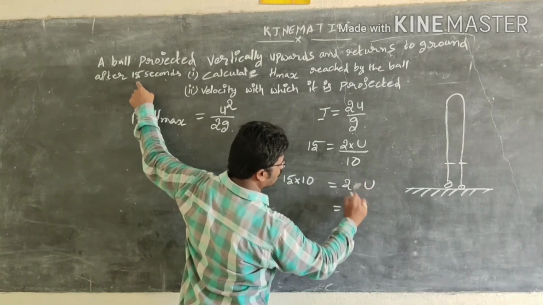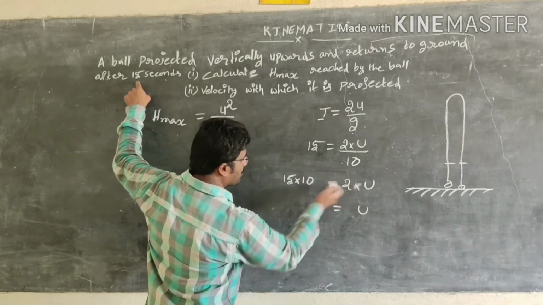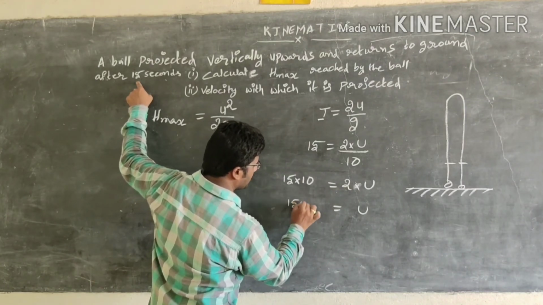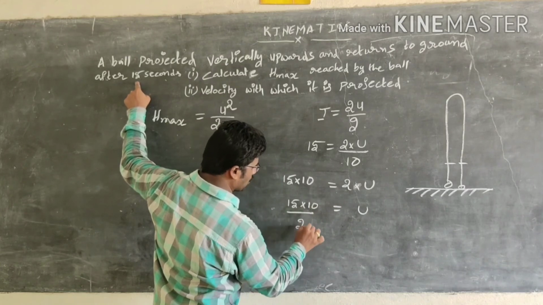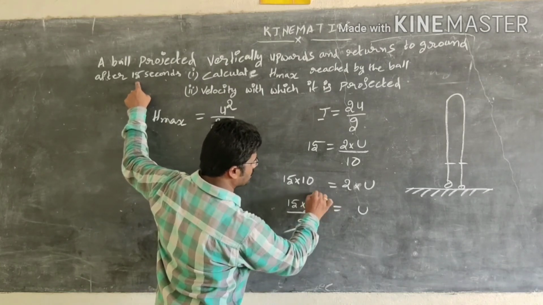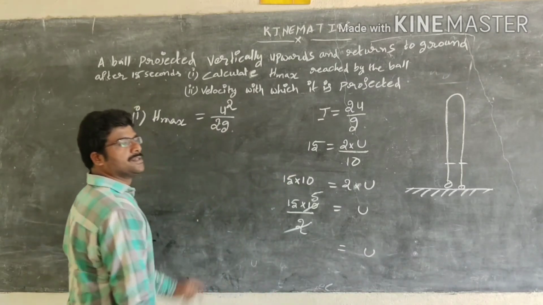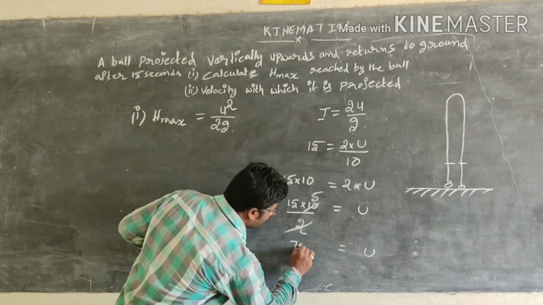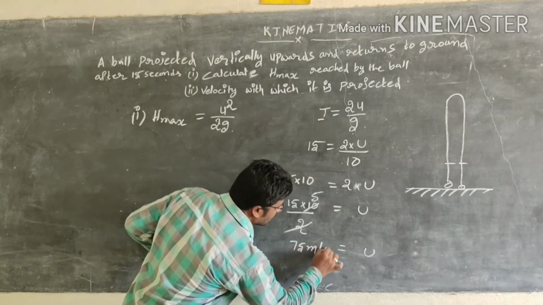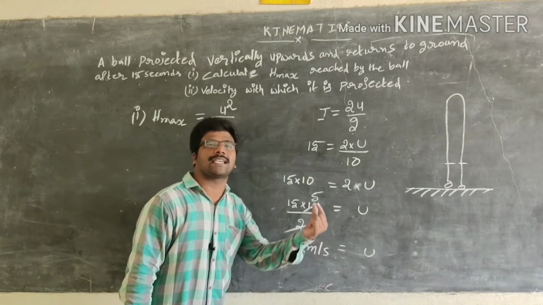We want only u. Here 2 is multiplying; when we bring it to this side, it becomes divide. So 15 into 10 by 2. 2 ones, 2 fives. 15 into 5. What is the value? Right, 75.